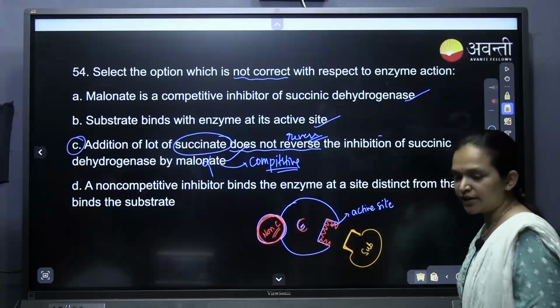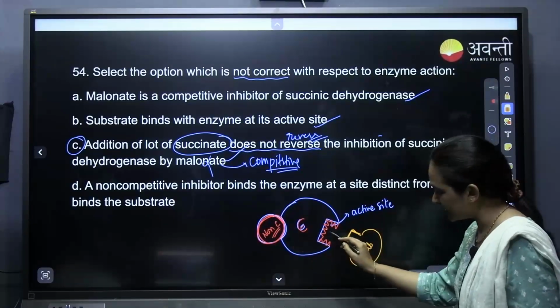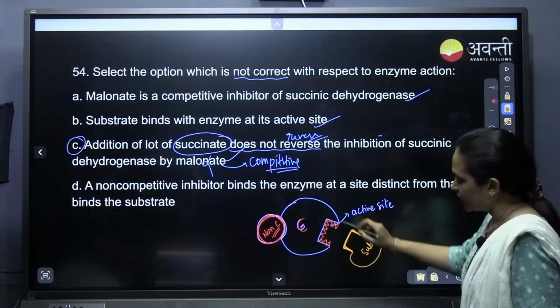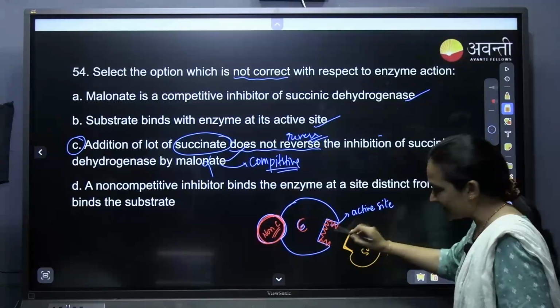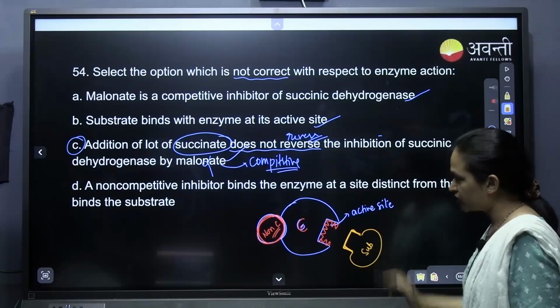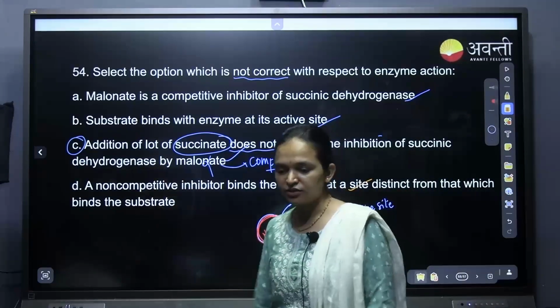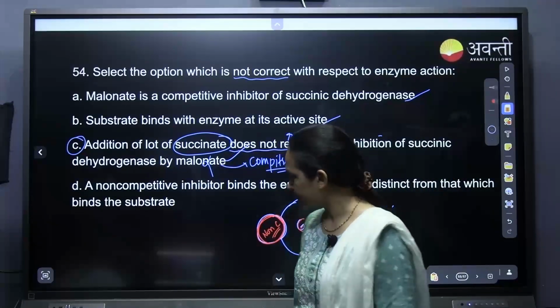This is non-competitive inhibition. But in competitive inhibition, the malonate is coming and binding where the substrate has to bind. Understood? So D is also correct, but C is the wrong answer. Understood?